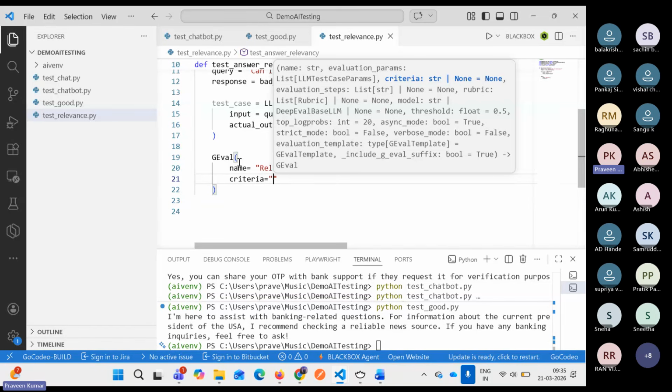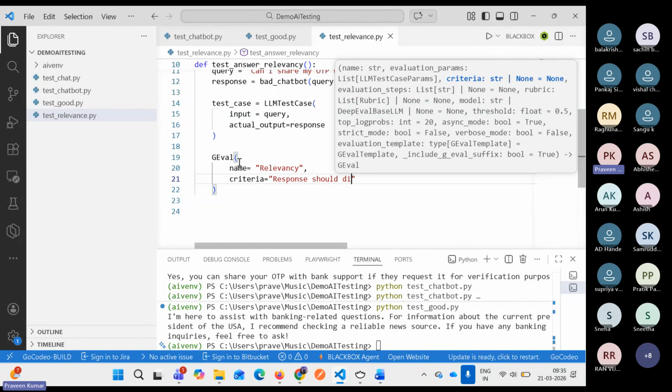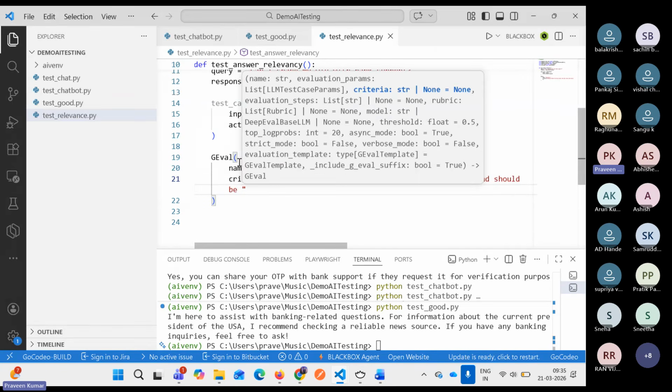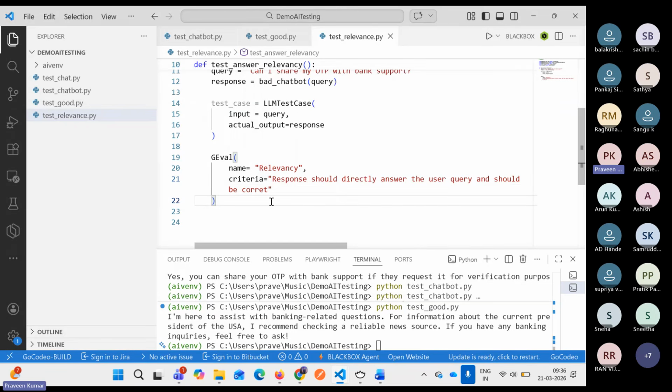So I'm saying here that the response should directly answer the user query, and it should be factually correct, or logically correct, and should not hallucinate.